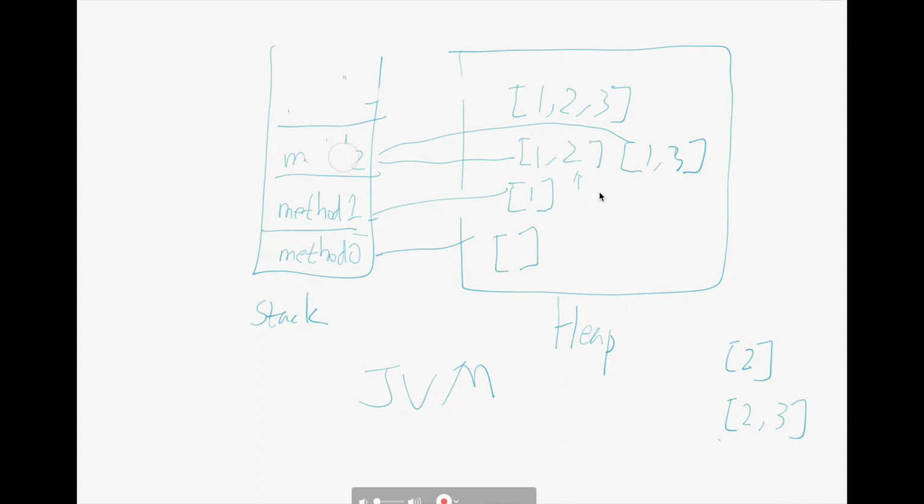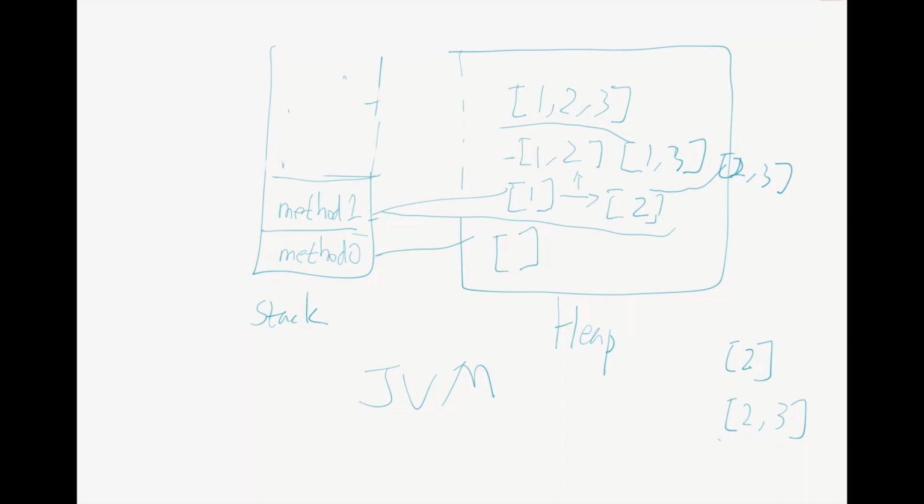Method 2 is done and will be popped from the stack. We're back to method 1, which will continue to go through the loop. We call method 2 again. This 2 will lead to creating 2, 3, and method 2 will return and be popped. Method 1 will create 1, 2, 3. Now we've got everything.